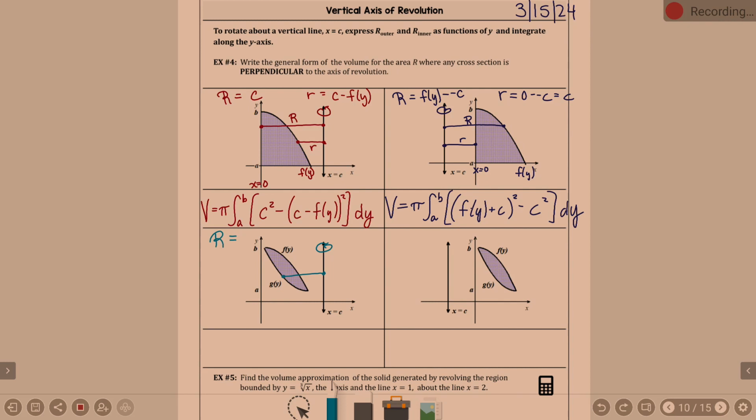And when we write that, how are we going to write that? c minus g of y. What about little r? c minus f of y, and that is the distance from the closer edge to the rotation axis.